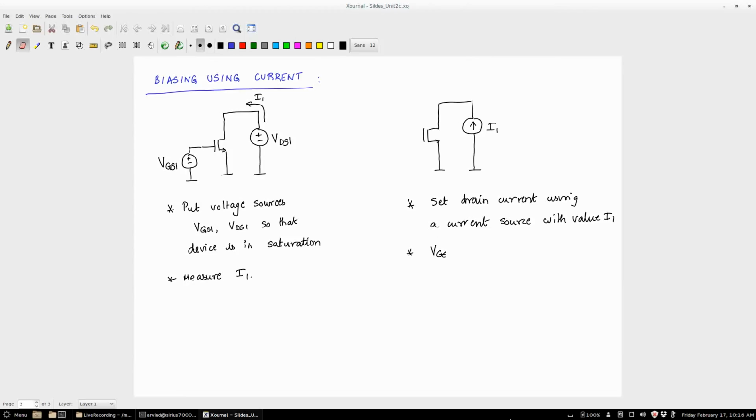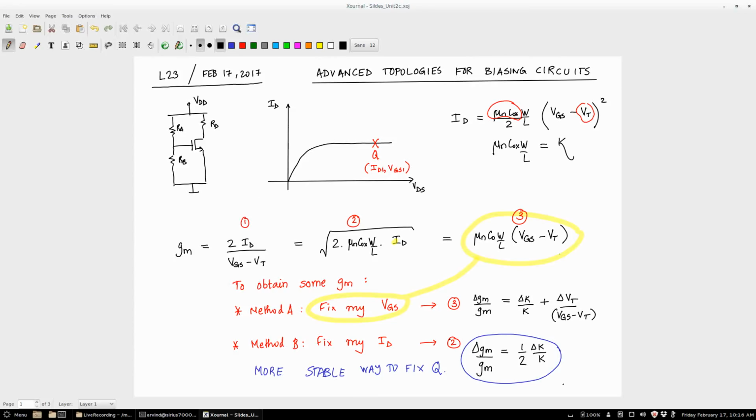Here I am going to set my current using a current source with value I1. The question I am asking is, what is VGS1? What is VGS? Think about that. Now I put a voltmeter here. This is a voltmeter. So what does this voltmeter read? Okay. Why am I asking this question?